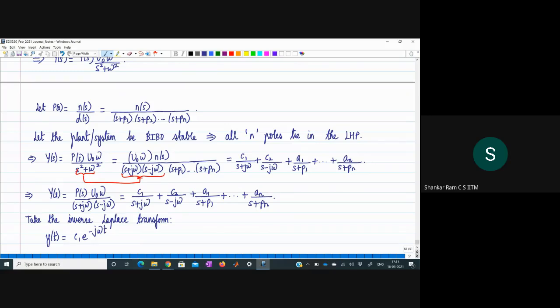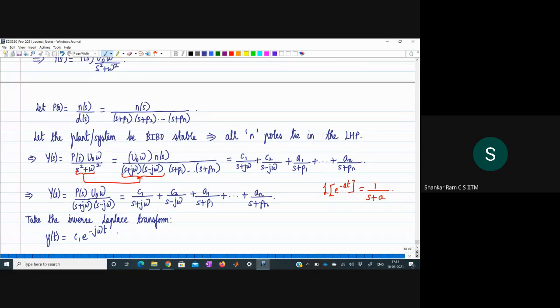Because as we all know, the Laplace transform of e power minus at is equal to 1 by s plus a, right? So the Laplace transform of e power minus at is 1 divided by s plus a. So consequently, if we take the inverse Laplace transform of 1 divided by s plus j omega, we get e power minus j omega t, right?